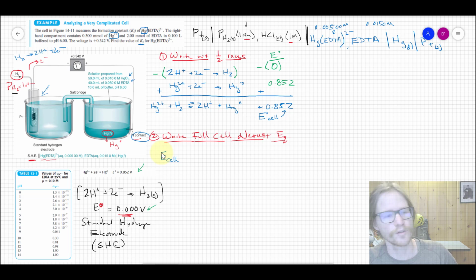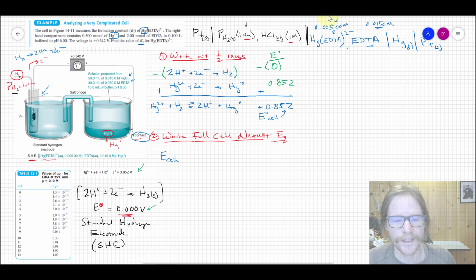So we assumed that the limiting reagent here was mercury 2+, which gave rise to complexing all of it out in the form of EDTA. We know that just because Kf is so large for virtually all ions. And then whatever excess EDTA we had in solution, that gives rise to the 0.150 molar. And then we know that we're going to have a trickle of mercury in the system, but it's going to be tiny, tiny, tiny, which we will evaluate here in a second.